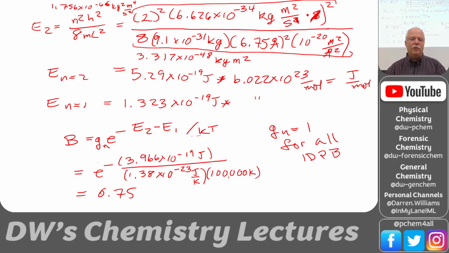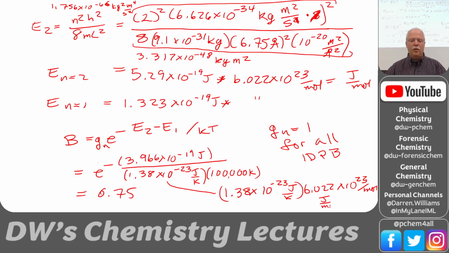And then when you get to the Boltzmann thing, Boltzmann's constant, 1.38 times 10 to the minus 23 joules per Kelvin, times Avogadro's number, 10 to the positive 23 per mole, gives us some interesting units: joules per mole Kelvin, and the number is one that you might recognize, 8.314.